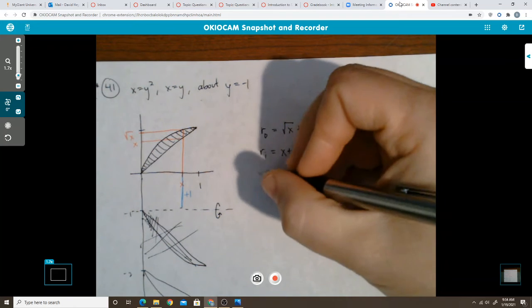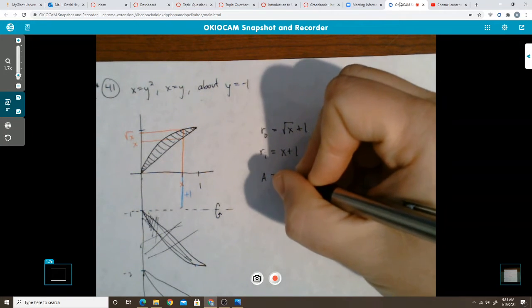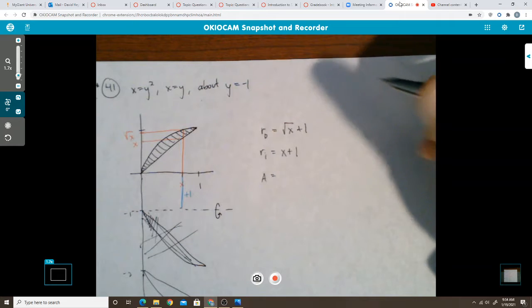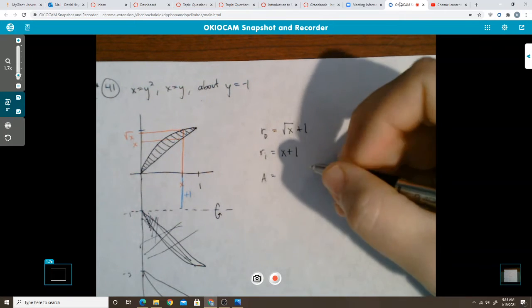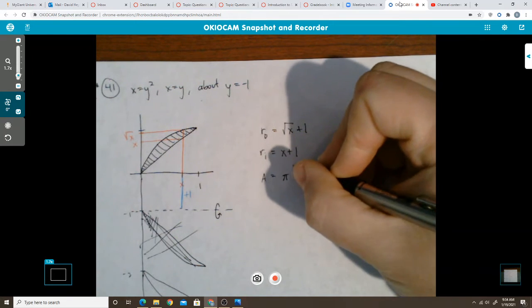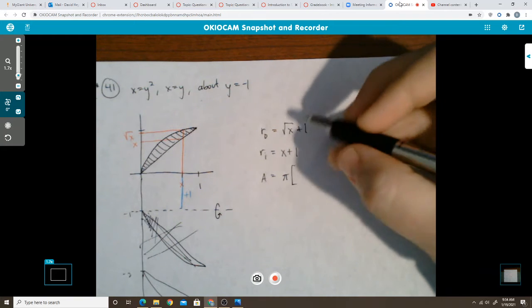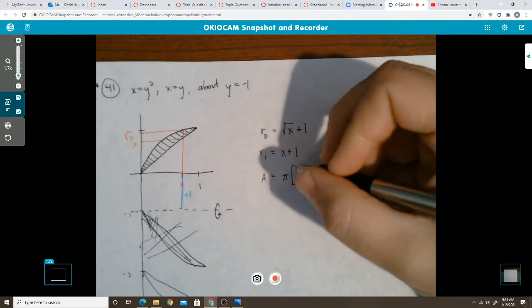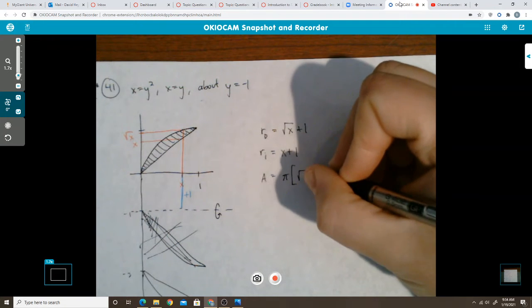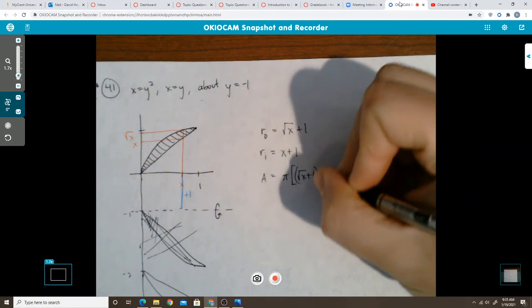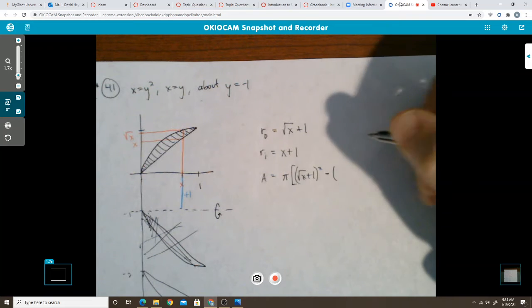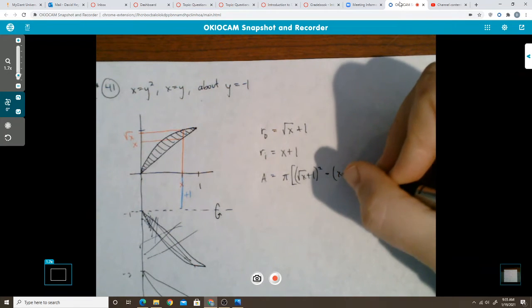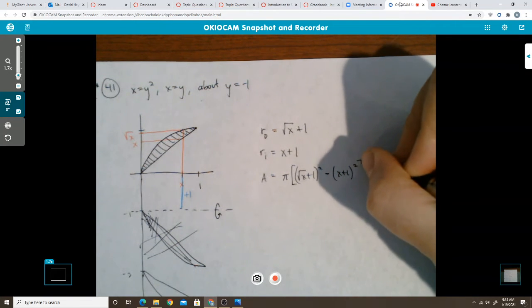Okay, so then the area of just a randomly selected cross-section is going to be pi times the radius of the outer circle squared. So pi r squared, we'll say root x plus 1 squared minus x plus 1 squared.